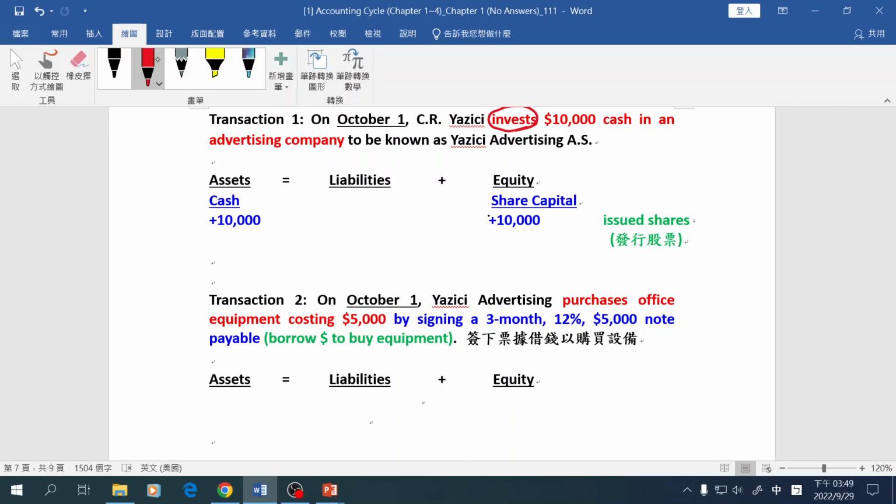That's the reason. What's the result? You got the cash. We talked about this, right? So this is your reason. This is your result. Try to write down the specific name and tell us how much increase or decrease. Okay? Based on this, please finish transactions 2 and 4.